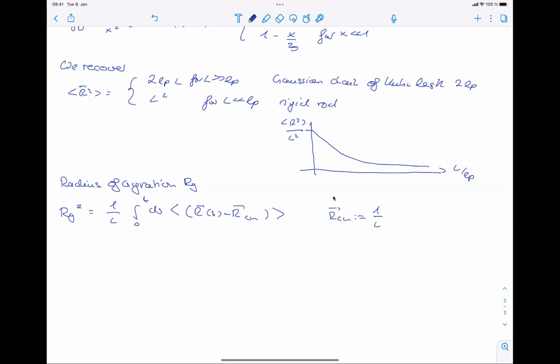So the center of mass being obviously defined as the weighted center of mass. And then we can, sorry, this is square, missing.